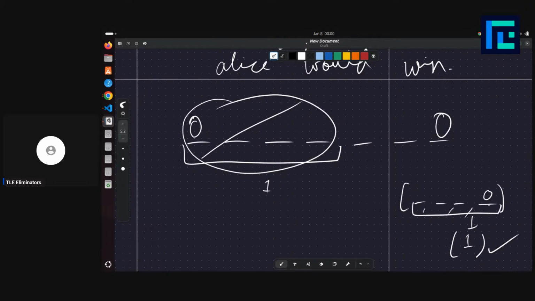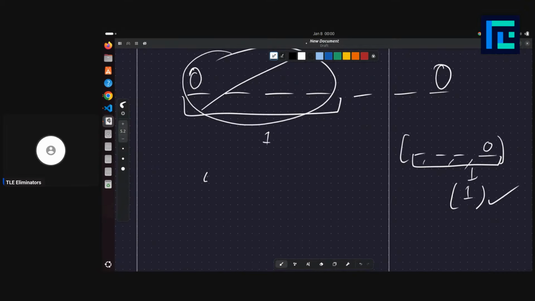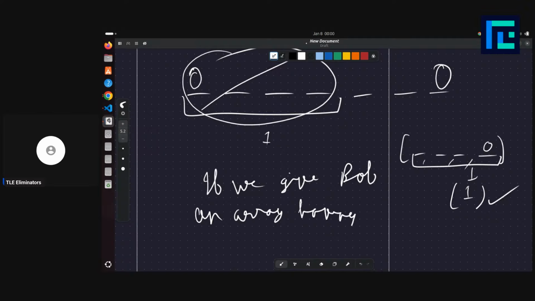Basically, if we give Bob an array having 0, then he wins, right? So we cannot give him any array having 0.